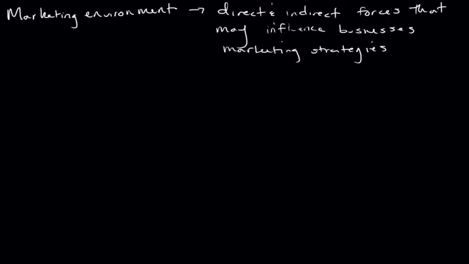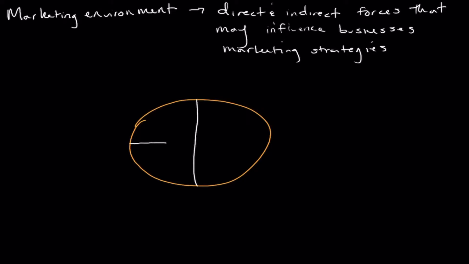If you were to look at the business strategies here, we'll quickly map out the 4 Ps. If you're familiar with marketing, you'll know that when we talk about marketing strategy, there are usually 4 things that businesses do.